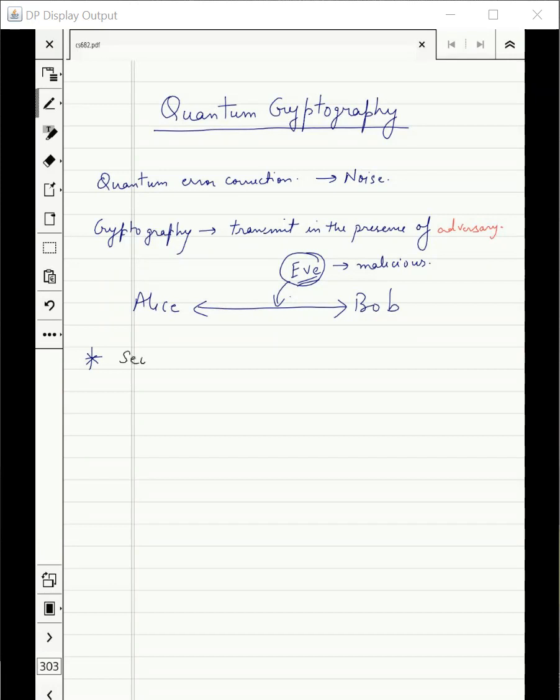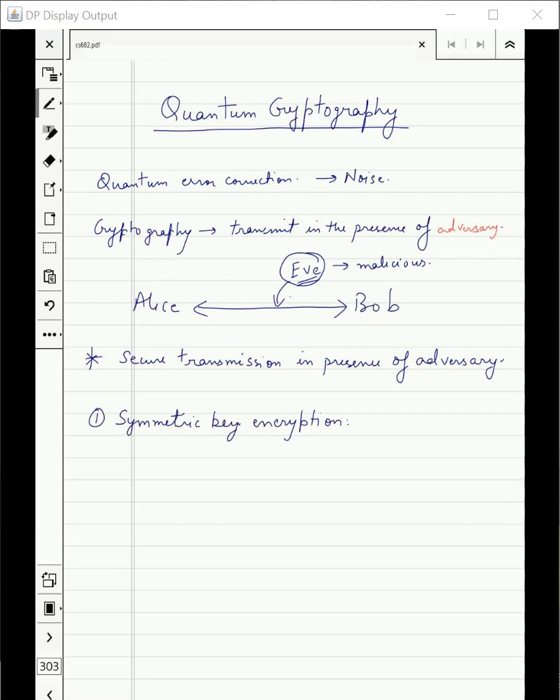This is secure transmission in the presence of an adversary. There are two general ways in which this is accomplished. One is called symmetric key encryption. Just the two terms, encryption and decryption.